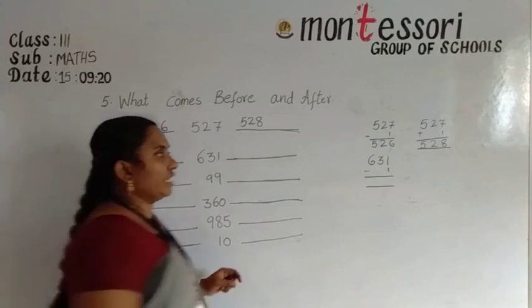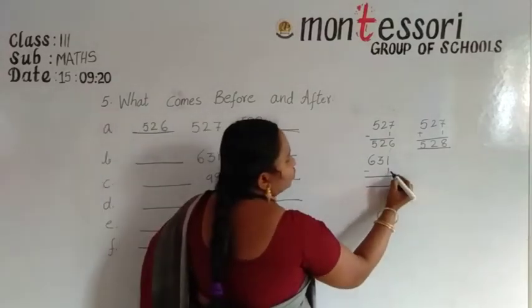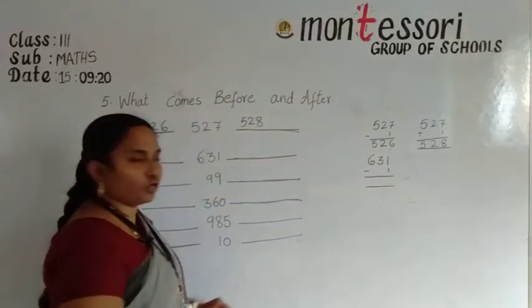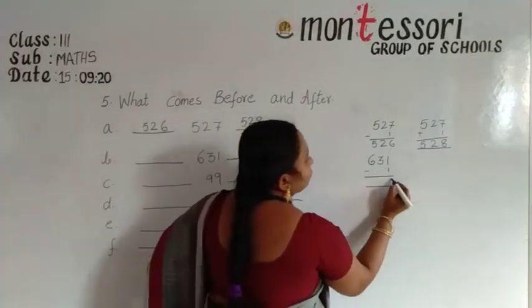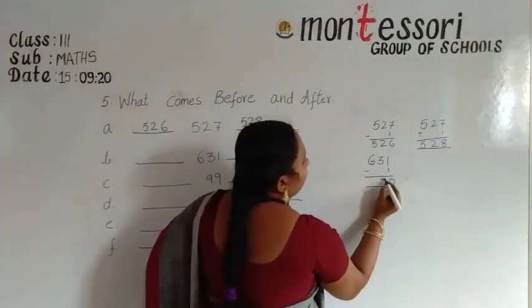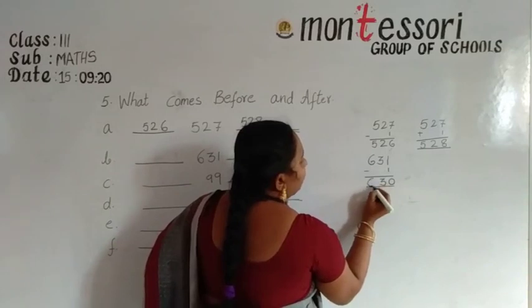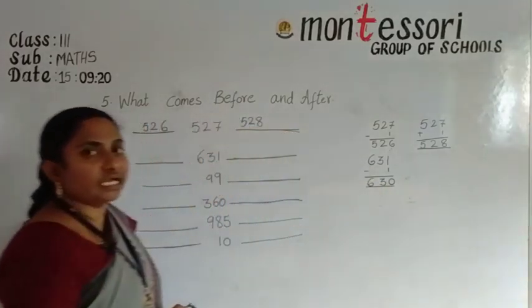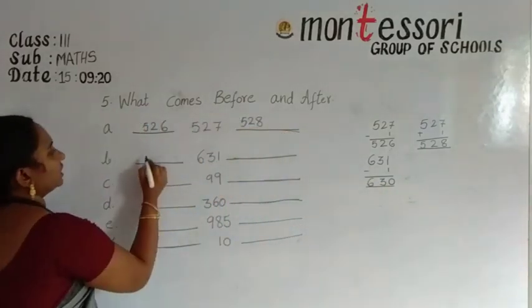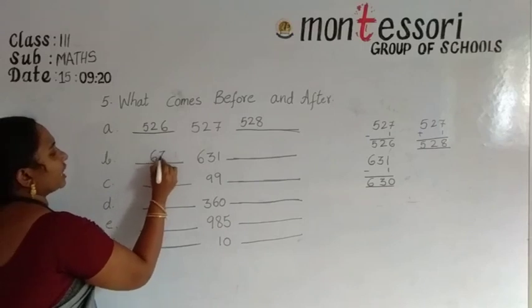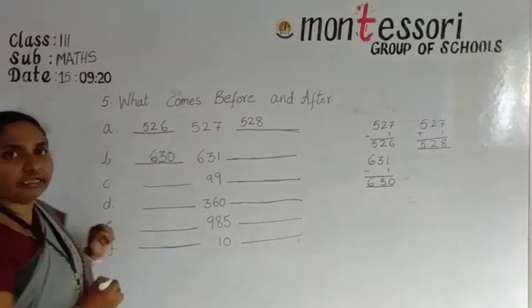So we subtract 1 in the 1's place. 1 minus 1, 0, and 3 I am writing here, 6 I am writing here. So what is the answer? 630.